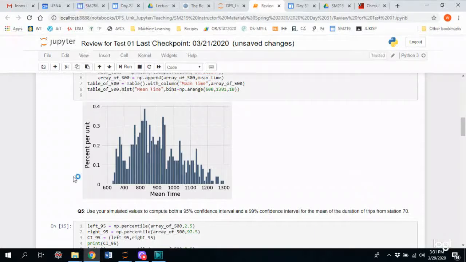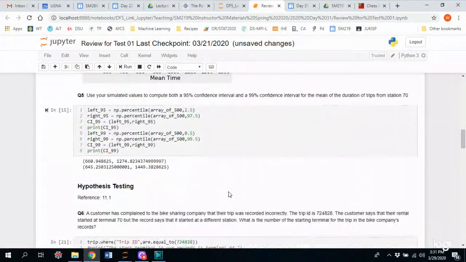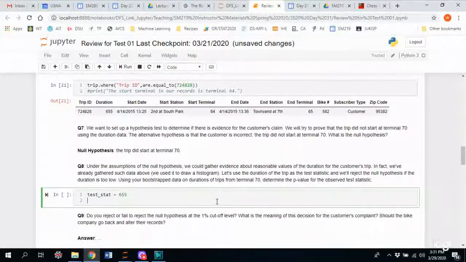We have 500 test statistics here, and some of them are as low as 655. These ones over here on the left, and we'd like to know how many of them really are at or below 655. That's called the p-value, or sometimes the empirical p-value, and it's the proportion of such trips.